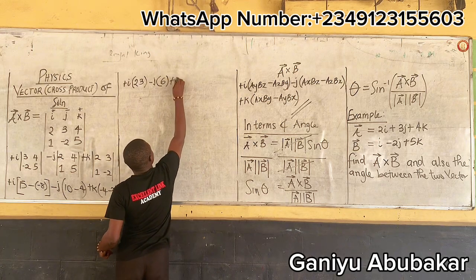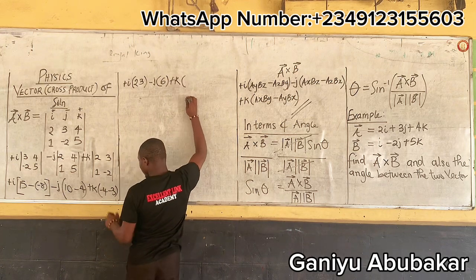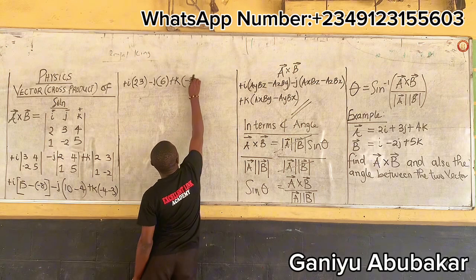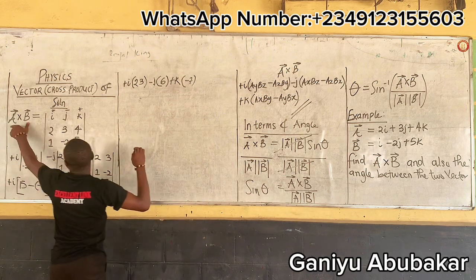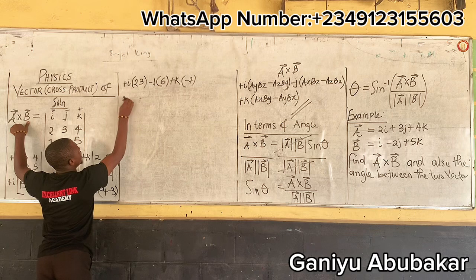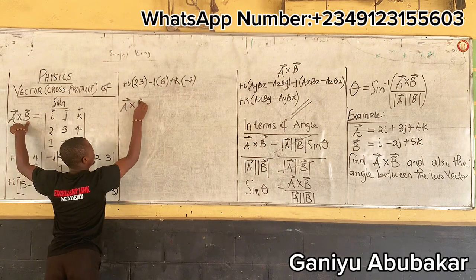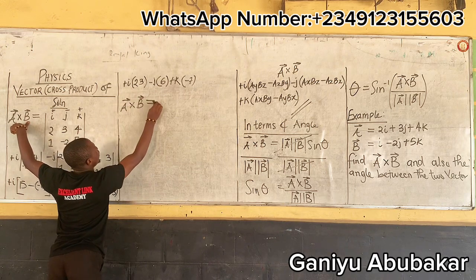Plus k times minus 7. It means that the cross product of vector A and vector B will be equal to what?